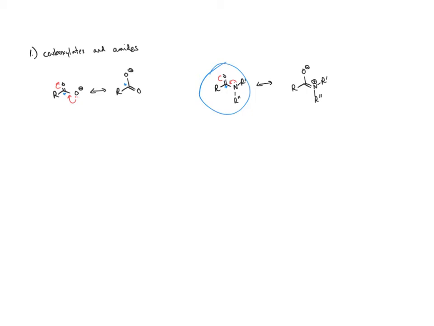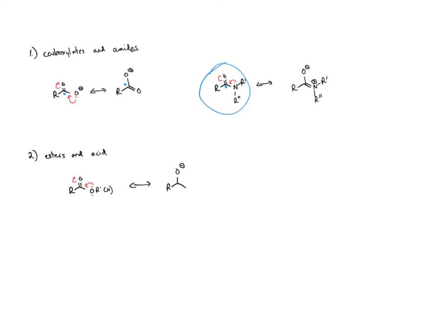Right, let's take that same analogy and try to figure out why the esters and the carboxylic acids are a little bit more reactive than carboxylates and amides. So in esters and carboxylic acids, we have a situation in which we've got lone pairs on oxygen, and they can undergo resonance delocalization. But do they really want to undergo resonance delocalization?